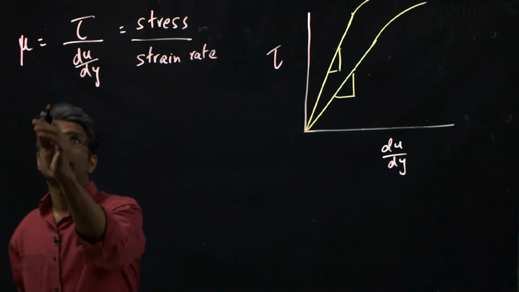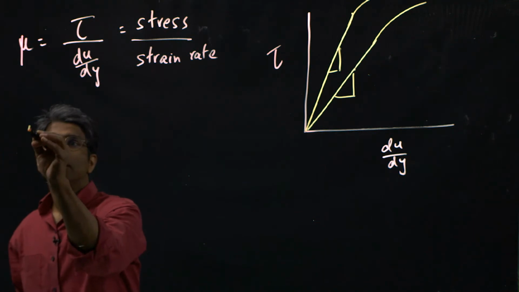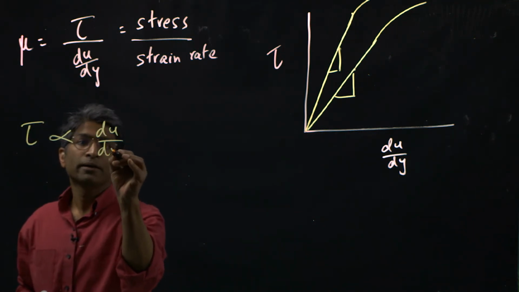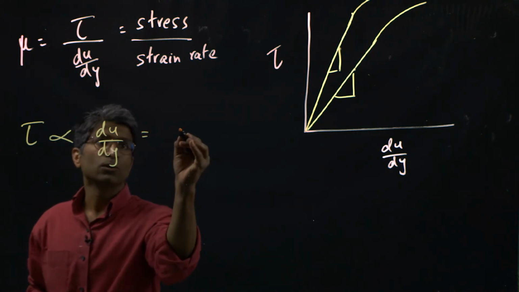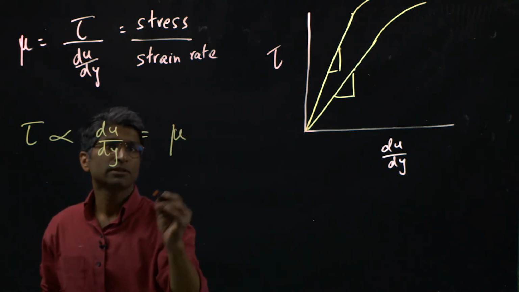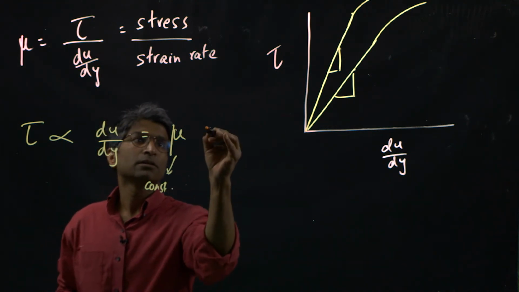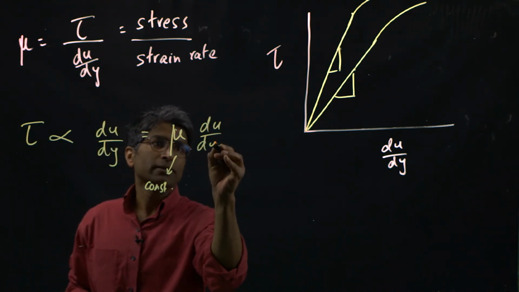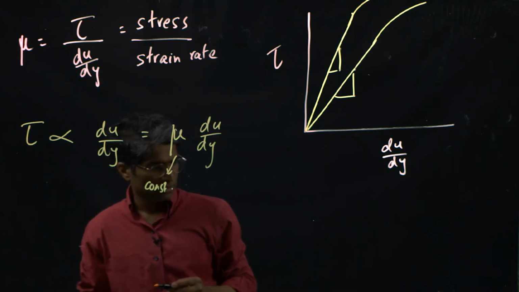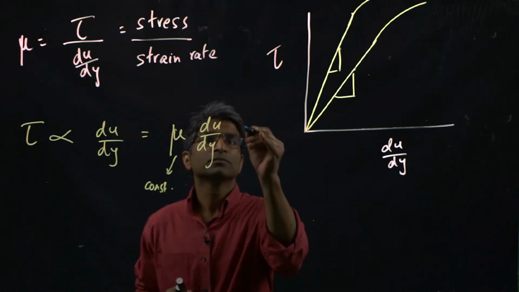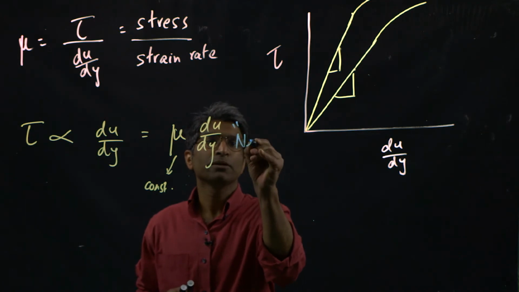So, this idea that it's a linear relationship, tau proportional to du dy, or in particular equals some constant times du dy, this is what is called Newtonian behavior.